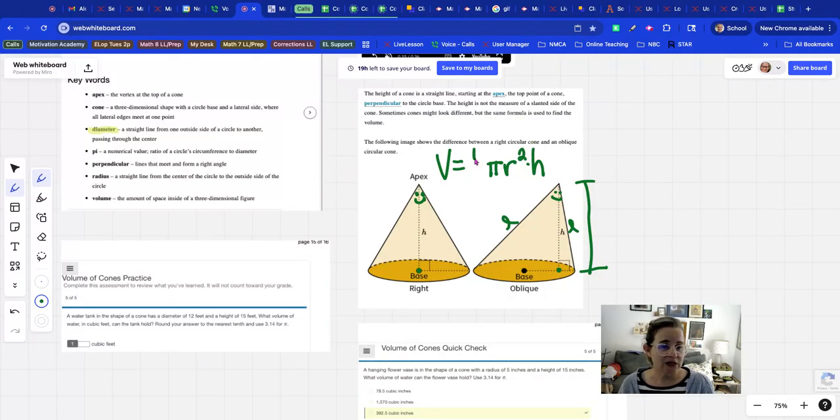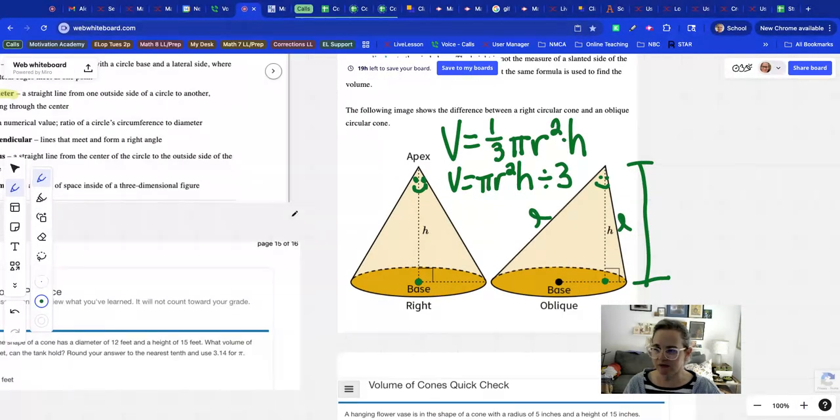Now we take a third of that. If that scares you, just take pi r squared times the height and divide by 3. Same thing.